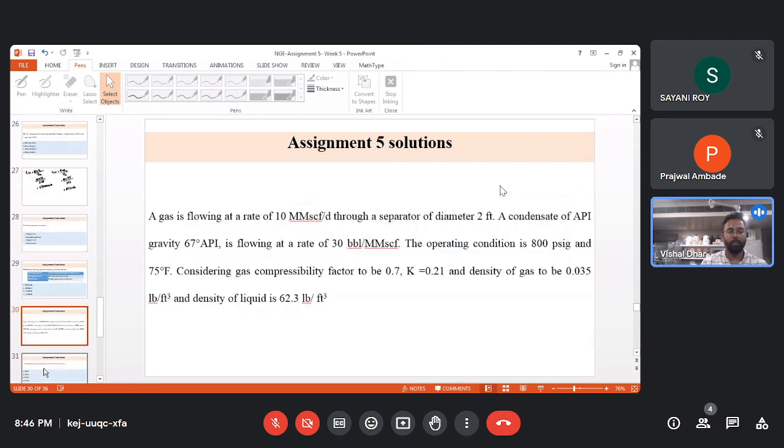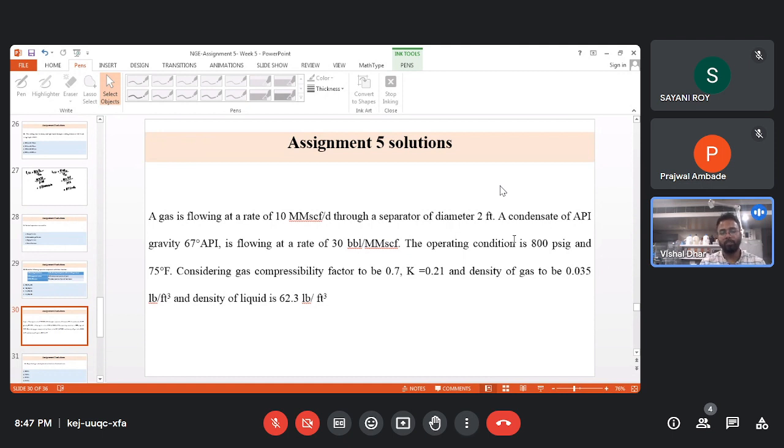Next, we'll again go to numericals. A gas is flowing at a rate of 10 MMscf per day through a separator of diameter 2 feet. A condensate of API gravity 67 degree API is flowing at a rate of 30 barrel per MMscf. The operating condition is 800 psig and 75 degree Fahrenheit.